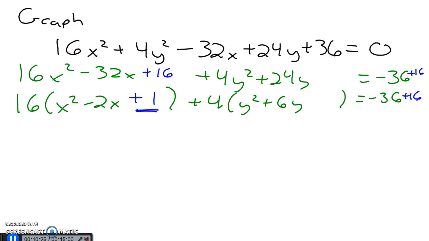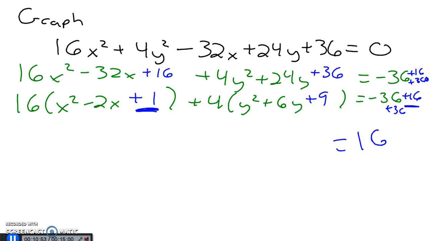Then b divided by 2 squared, because 6 divided by 2 squared is 9. That would have been a 36 before, because we factored out 4. So we have to add 36 to here too.